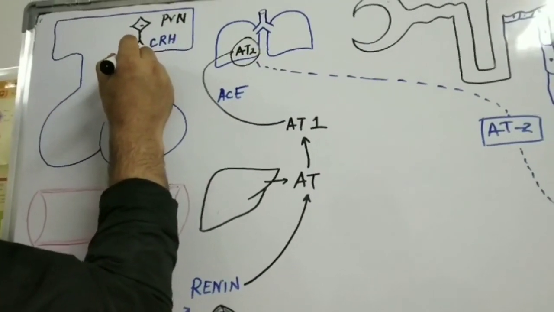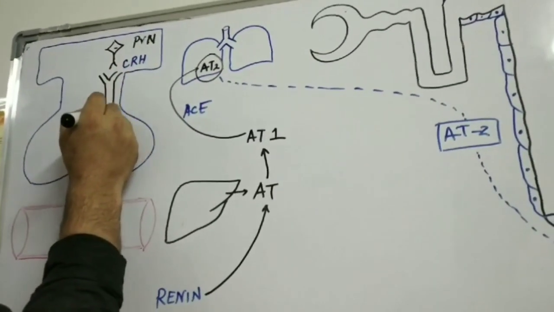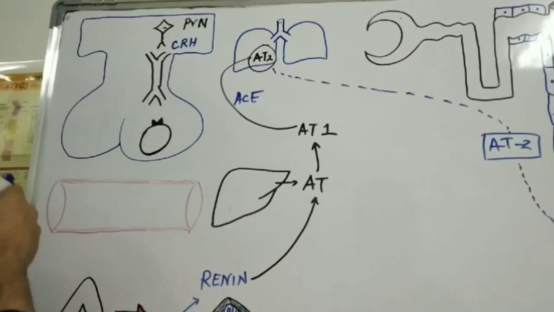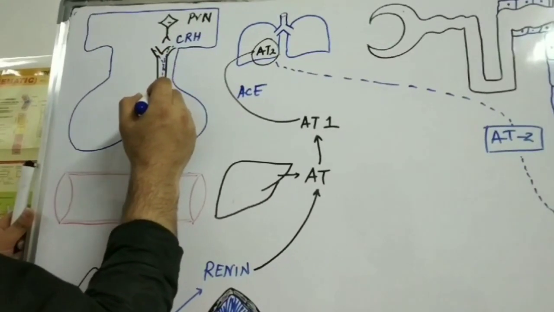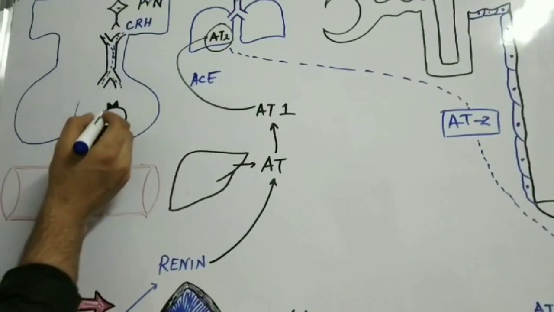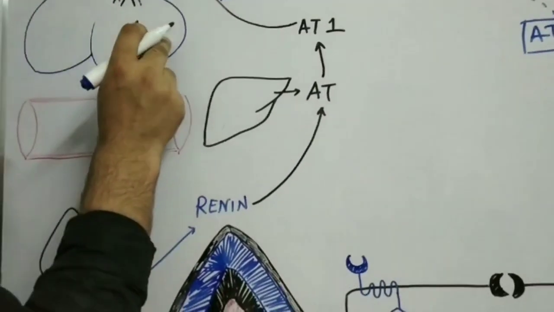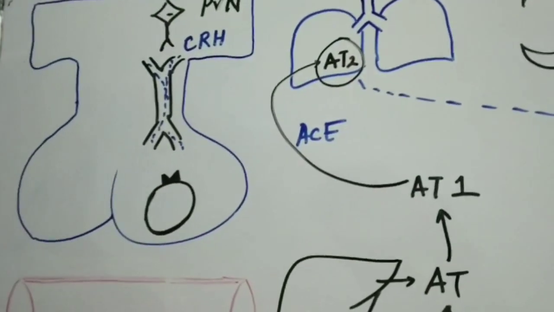CRH comes through the portal system. It goes through the blood, and eventually it stimulates the cells which are present in the adenohypophysis. Adenohypophysis is also known as the anterior pituitary.